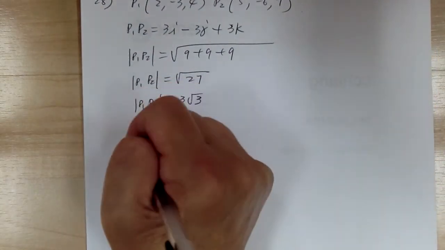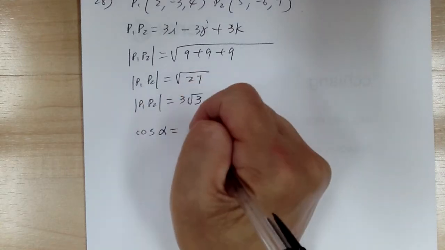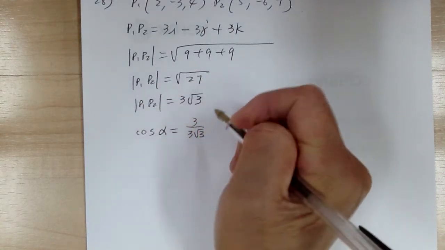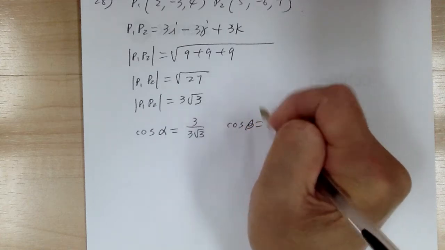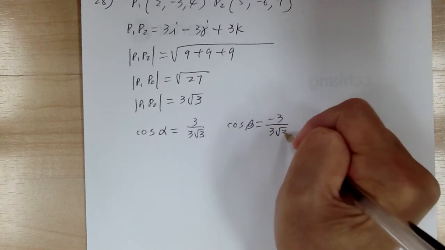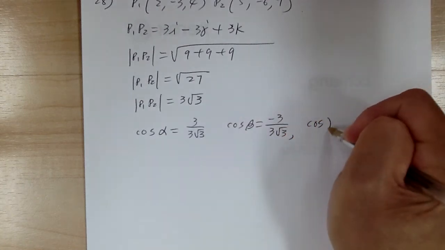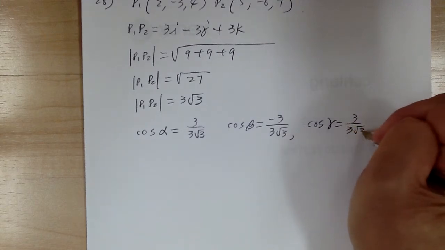Cosine alpha would be just this over that, so it would be 3 over 3 square root of 3. Cosine beta, same thing, is negative 3 over 3 square root of 3. And cosine gamma equal to 3 over 3 square root of 3.